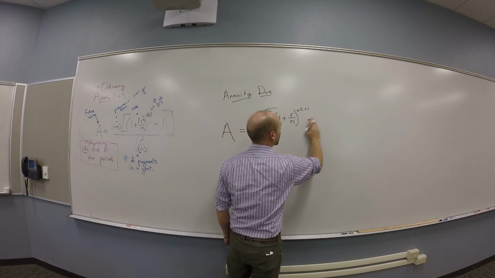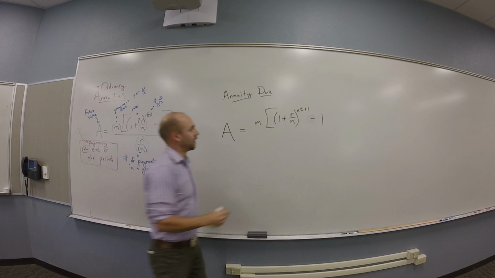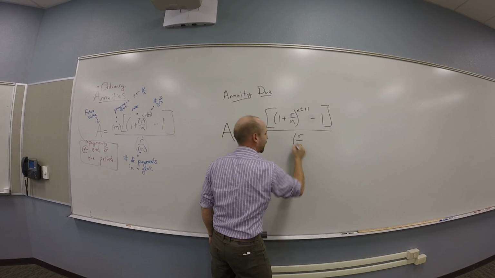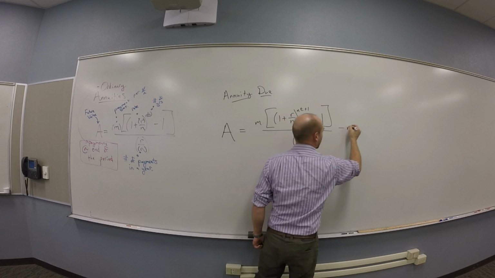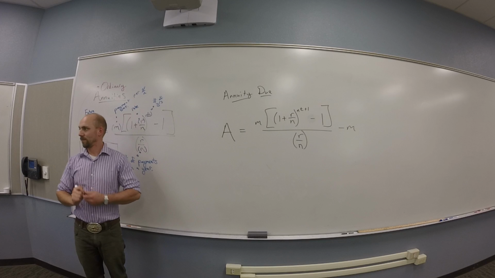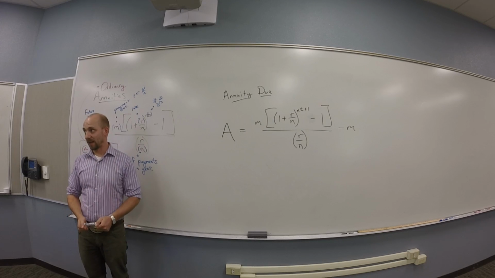Then you subtract 1 again and divide again by this r over n, and then we subtract M off the end. Otherwise, things mean exactly the same things.